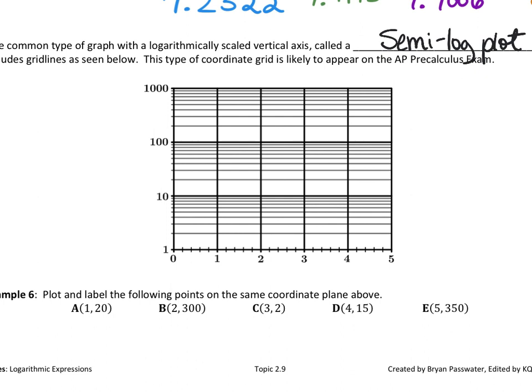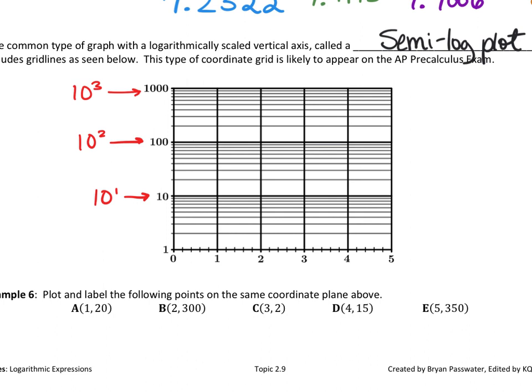Now on this graph, if we tie it into what the other one looked like, this value right here is 10 to the 1. What's this value right here? 10 to the 2. So we're still doing this graph with the different powers of 10, but now I have lines floating across my screen.